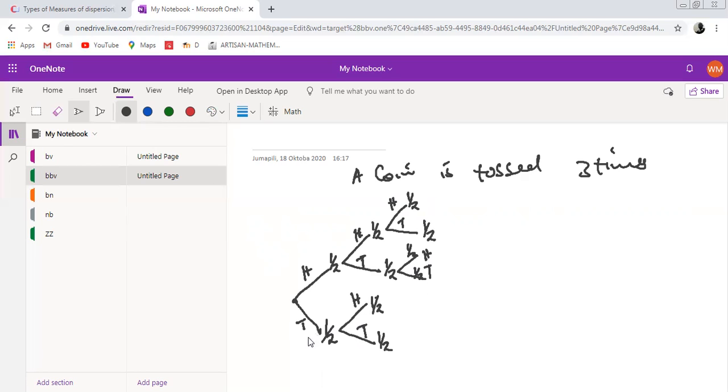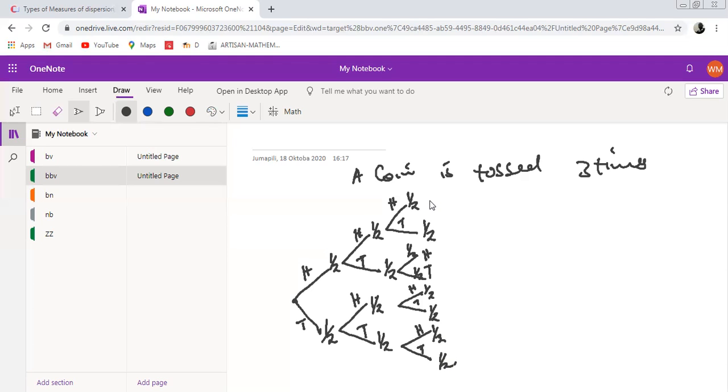If the first one was tail and the second one head, the third one can also be head or tail, and the probability is half, half. If the first one was tail and the second one was tail, the third one can either be head or tail with the probabilities half, half like that.